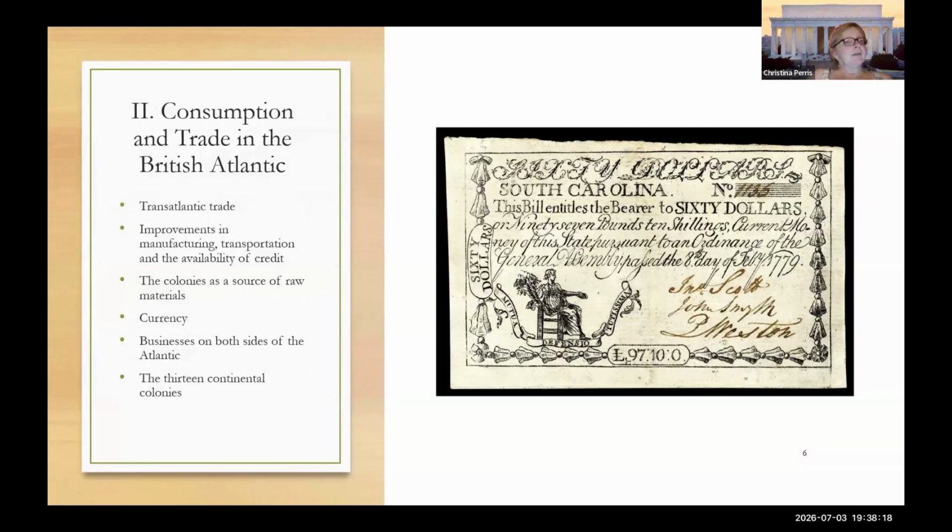So as we get started on slide number 6, we jump right into the lecture on consumption and trade in the British Atlantic. So transatlantic trade greatly enriched Britain, but it also created high standards of living for many North American colonists. This two-way relationship, as we're going to see, reinforced the colonial feeling of commonality with British culture.